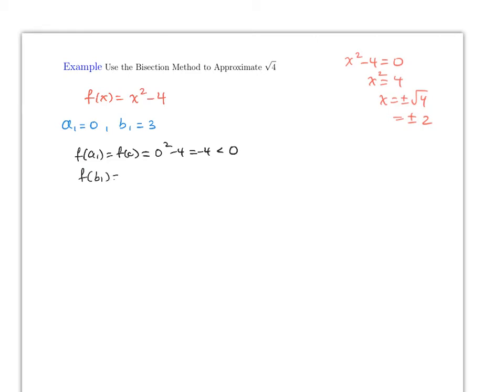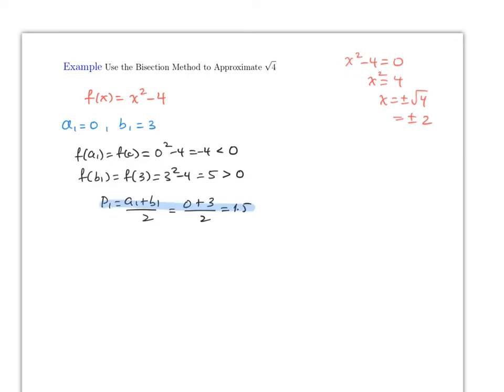And f of b1 is the same thing as f of 3, which is 3 squared minus 4, which is 5. 9 minus 4 is 5, which is clearly positive. So therefore from here, p1 is going to be a1 plus b1 divided by 2. So it will be 0 plus 3 divided by 2, which is 1.5.